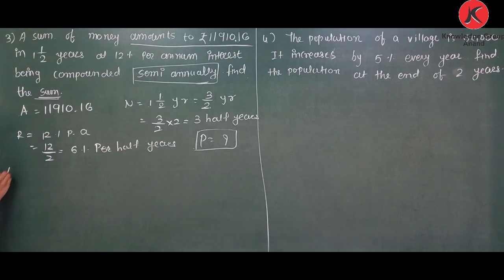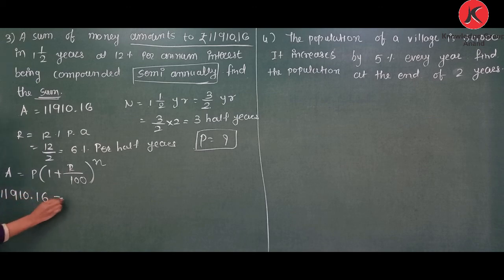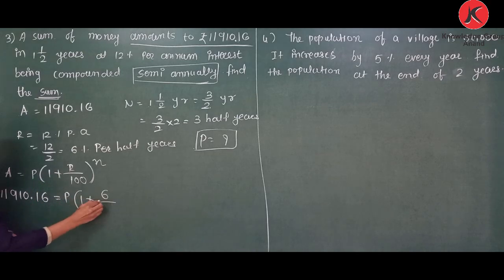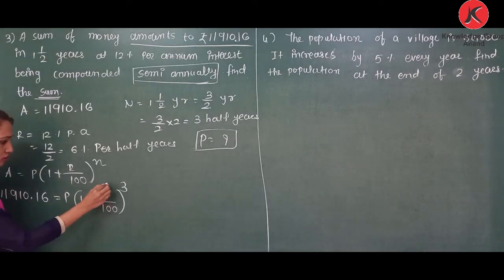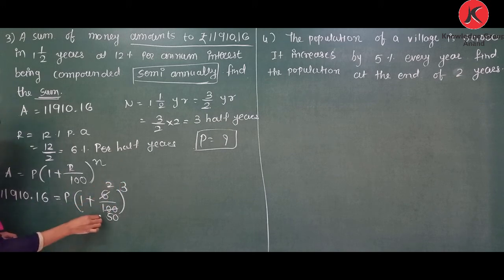So we can write the equation A is equal to P(1 + R/100)^N. So here 11910.60 is equal to P, which we need to find, times (1 + 6/100) raised to 3. So here 6/100 we can cut the common factor 2: 3 2s are 6 and 50 2s are 100.